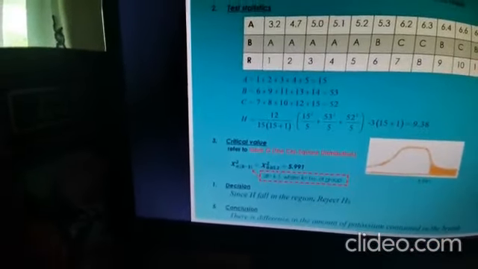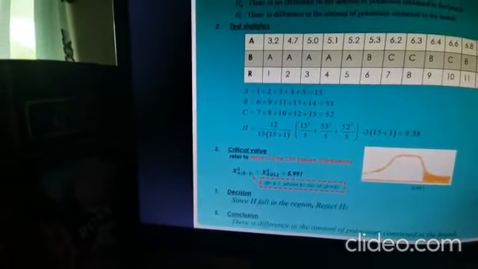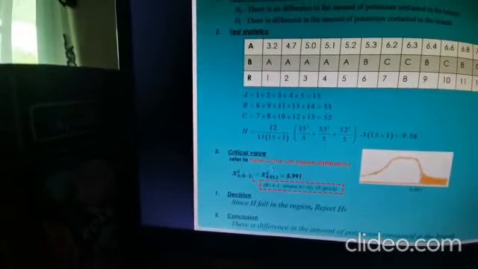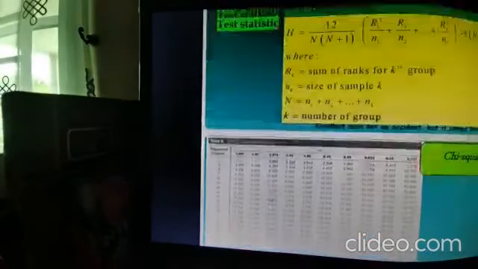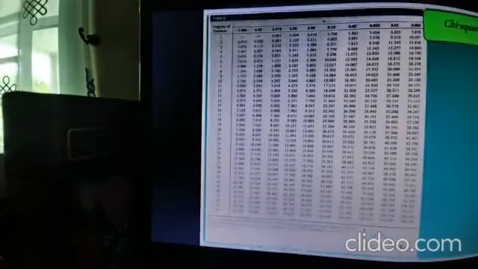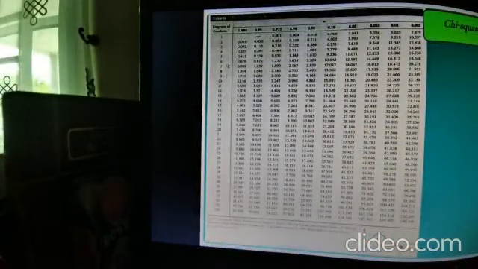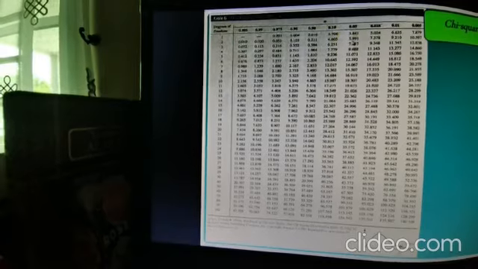The alpha is 0.05 for this case. With alpha 0.05 and degrees of freedom k minus 1 equal to 2, the critical value is 5.991.